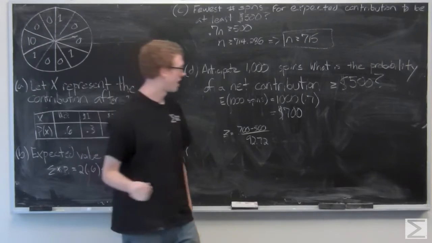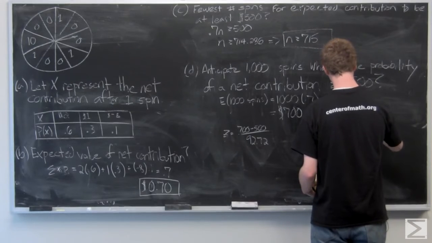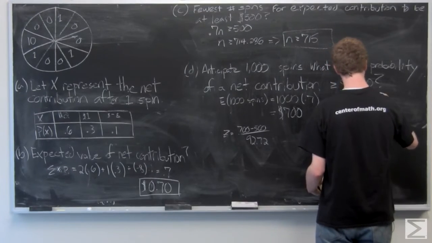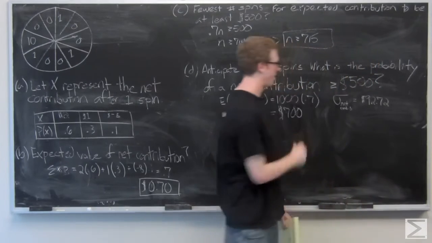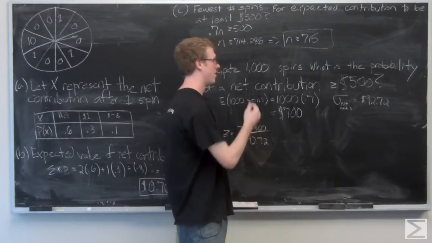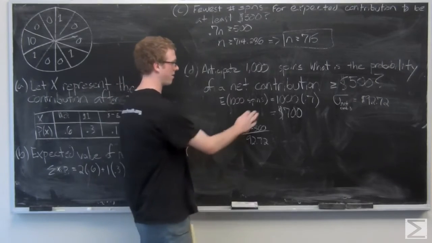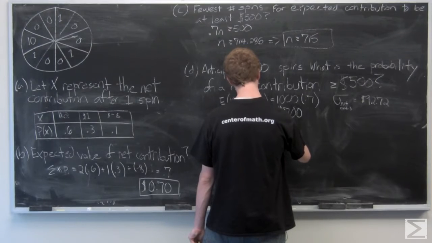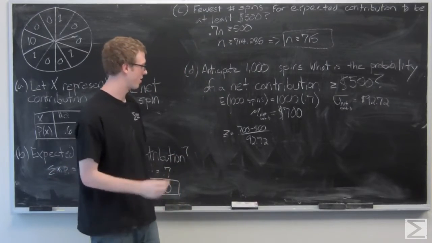I'm just going to put it off to the side right now. And again, this is the standard deviation of the net contribution of 1,000 spins. And then the mean is just that expected value that we calculated originally.